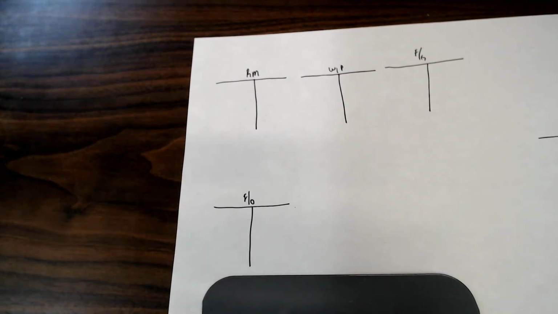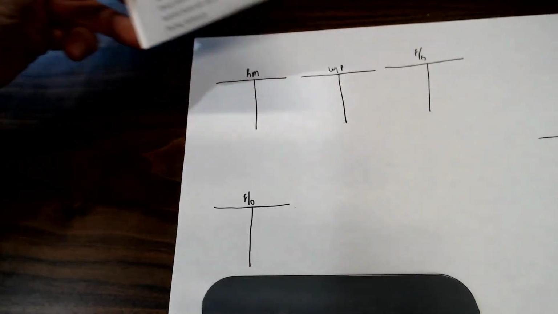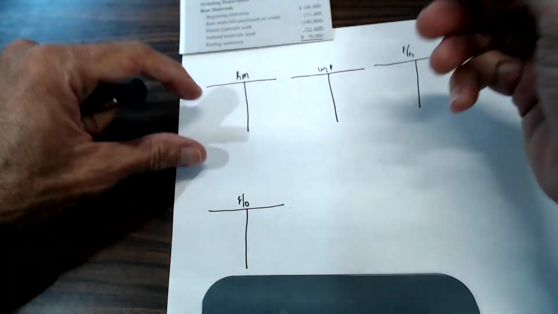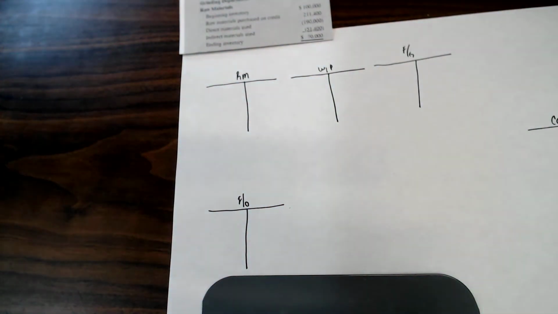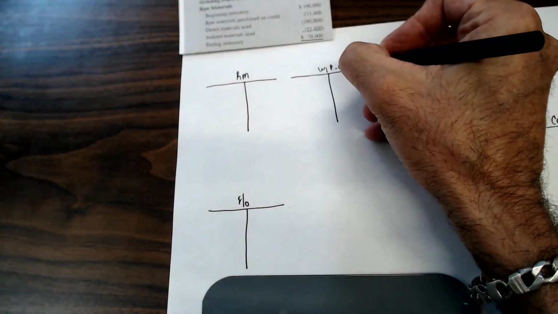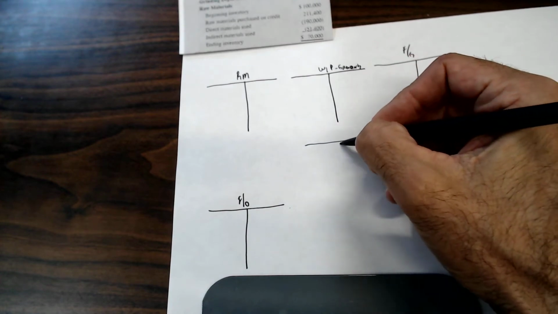Factory overhead. Now, what did it actually tell us? I'll break this down by segment. I printed it out, like I said, so we could see it. It said for the grinding department, so it looks like we're going to be looking at the grinding department. It actually said that it has two departments, grinding and mixing.